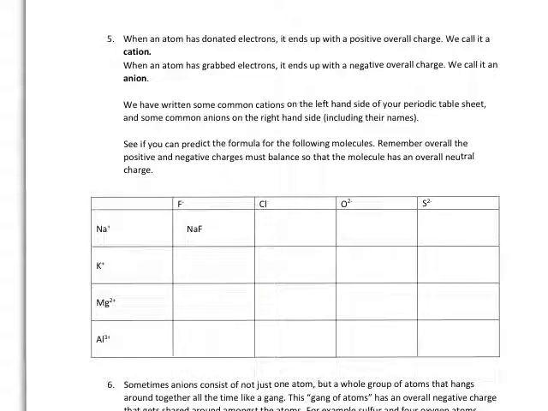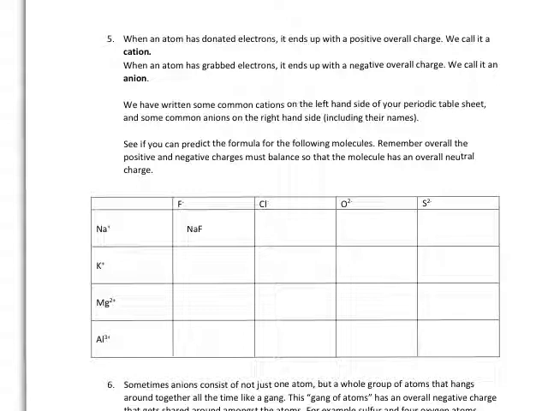And just like we had a look earlier, if I've got sodium, which is a loser, and fluorine, which is a gainer, sodium loses 1, fluorine gains 1. When they form a compound, they just stick 1 to 1 together. If I go to potassium and oxygen, potassium loses 1, but oxygen wants 2. So the only way I can form a compound where everybody's happy is to have more than 1 potassium atom.